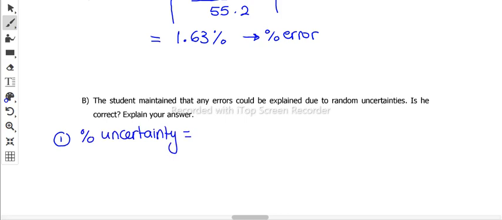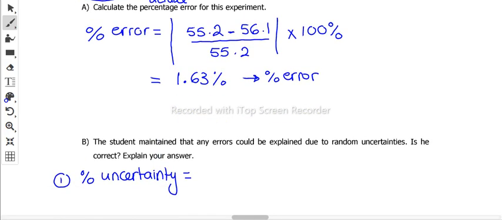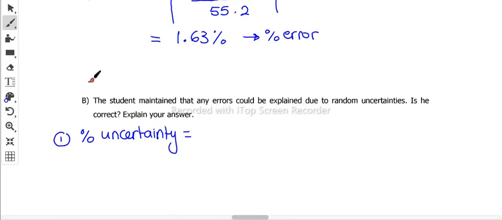In order to find the percentage uncertainty, going back to the question, I have the absolute, which is half, over the value times 100%. So it's a half divided over the value, which is 56.1, multiplied times 100%.